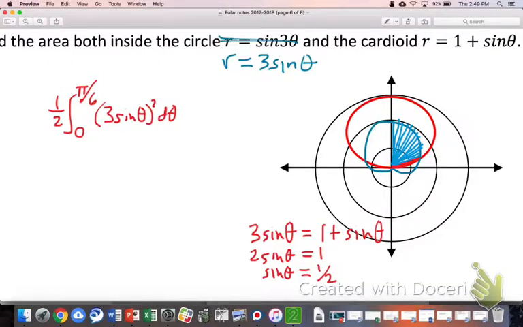Pi over 2. Good. So I'm going to add to this plus 1/2 the integral from pi over 6 to pi over 2. And that'll cover the blue area. I'm trying to color code this as best I can. And now when it comes time for the radius squared to go in there, we're not going to use the circle anymore because the circle didn't have anything to do with how long that radius is. It's all about the cardioid.